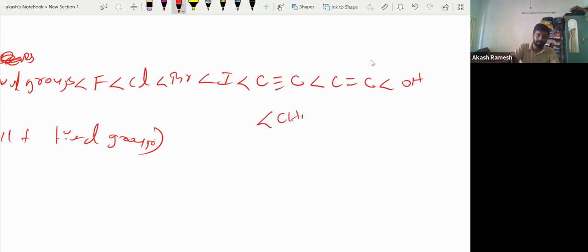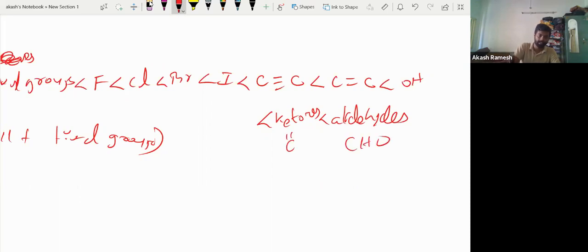Then comes CHO, that is aldehyde. Then comes your ketone. No, aldehydes have more priority. Let me write this the other way around. First would be ketones. Then comes your aldehydes, that is your CHOs.